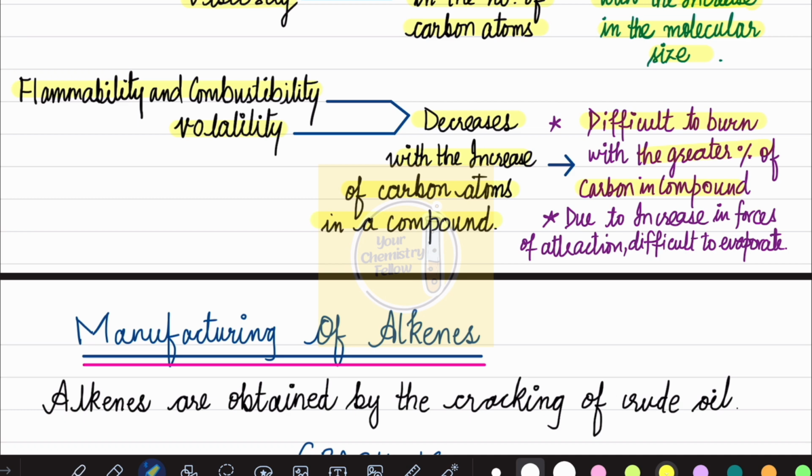It burns with a more smoky or sootier flame, and unburned carbon particles are present in the flame. And volatility also decreases, because with the increase in the number of carbon atoms, with the increase in molecular size, the forces of attraction increase, and it becomes difficult for the molecules to evaporate.